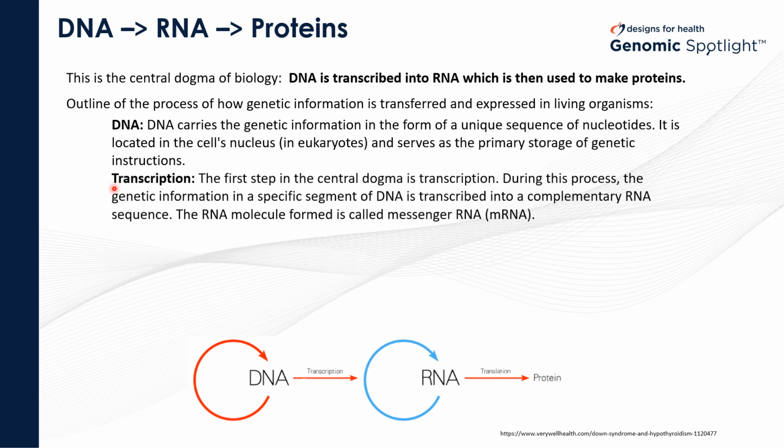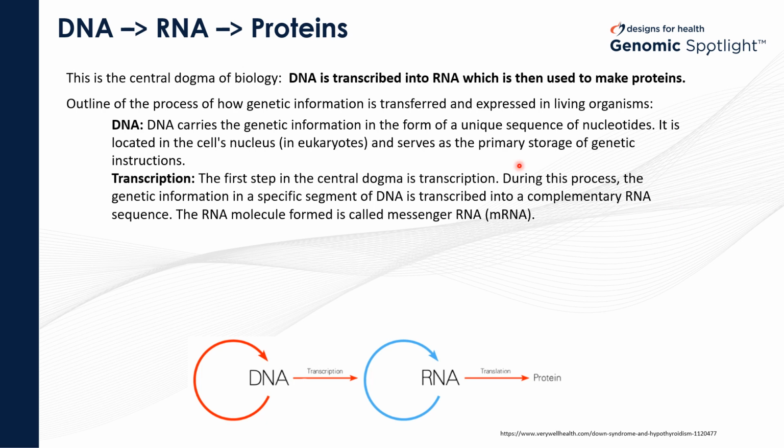Transcription is the first step. So with transcription, DNA turns into RNA. And this is the central dogma first step. During this process, the genetic information in a specific segment of DNA is transcribed into a complementary RNA sequence.